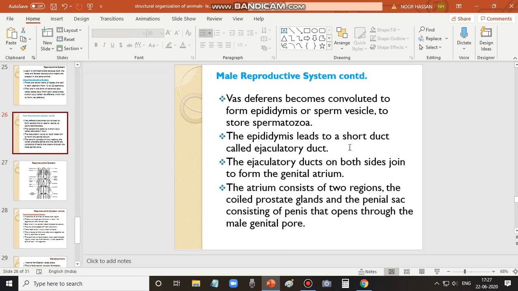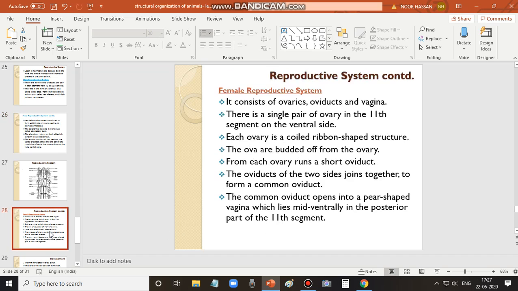The ejaculatory duct arising from the epididymis opens into the genital atrium, or simply atrium, which consists of two regions: coiled prostate glands, and the penial sac consisting of the penis that opens outside through the male genital pore. Now we shall discuss the female reproductive system in leech.